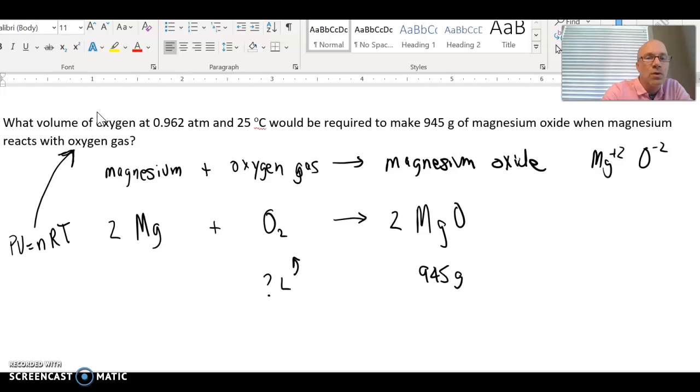We know the pressure that's given in the problem. It's asking us for the volume. What about n? That is moles. Moles can be figured out from stoichiometry.